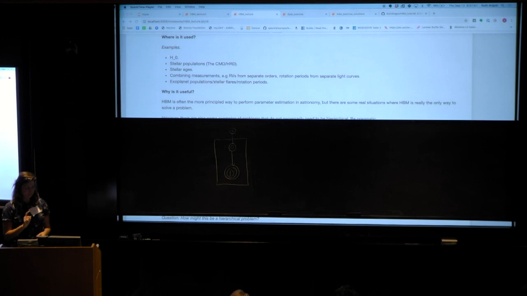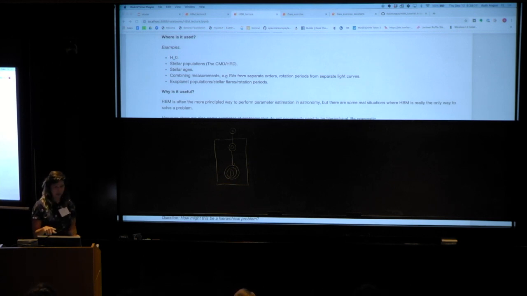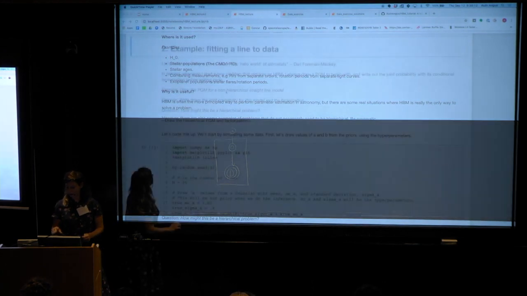Okay, so let's move on to this example. I posted a link to this GitHub repository on Slack, and I don't know that it's essential for you to run it at the same time, but it might be good for you to clone it right now, because the exercise is in there as well, so it'll be useful for you to have that.